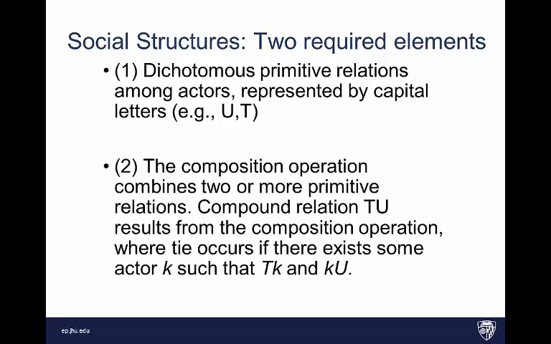The composition operation combines 2 or more of these primitive relations. Right? So we have 2 sets of relations, and we can do this with meaning if there's some sort of operation such that T is going to start from some set of source nodes and terminate in a node represented here with a little k, actor k, and the other relation has k being tied to something else.